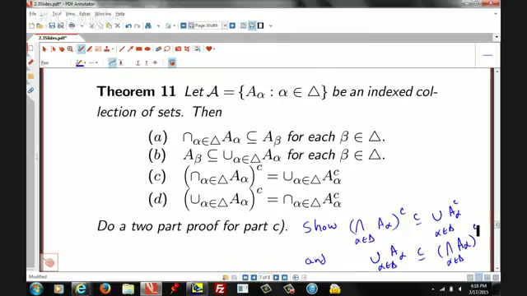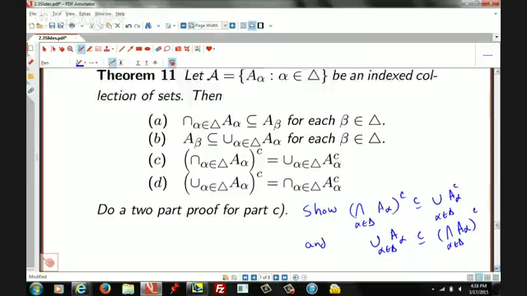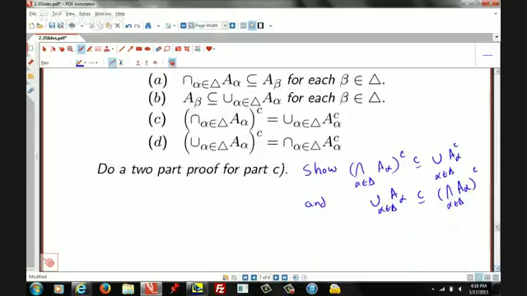So how would we show the first direction? You assume x is in the first part. Can I go to typing this, or do you want me to write it first? You want to write first? Okay. If I do the first part, I'm going to let x be in the complement of the intersection over alpha in triangle A of A sub alpha.